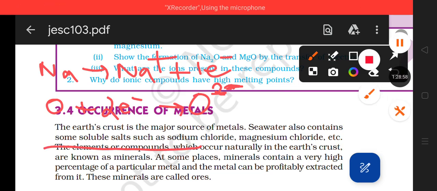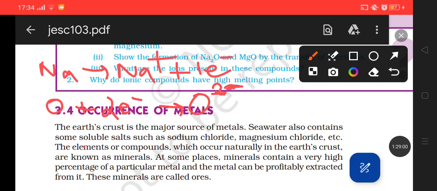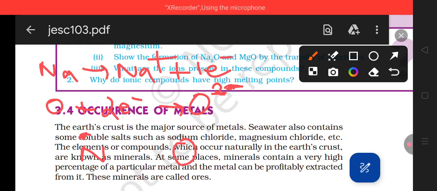Now we will write the dot structure. Na is sitting here with its one electron, and two Na would be taken like this. Oxygen is here with its two valence spaces.